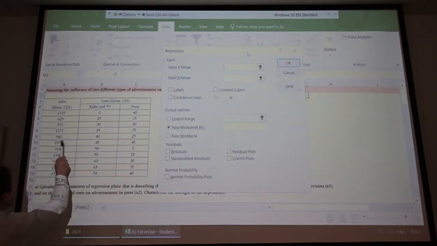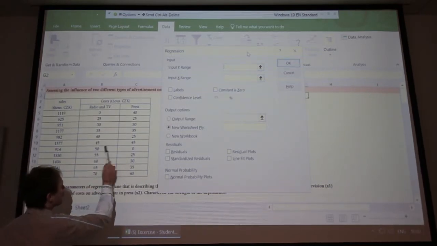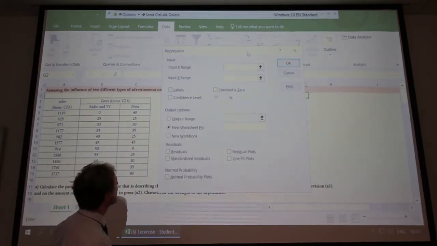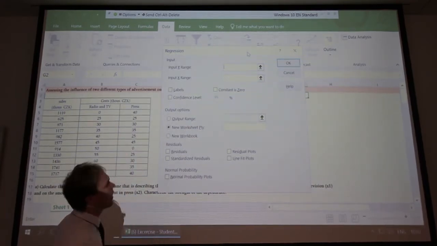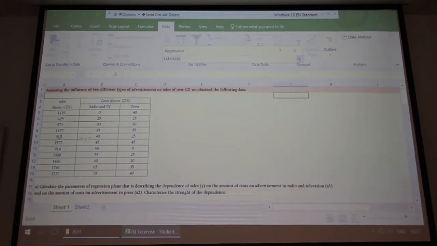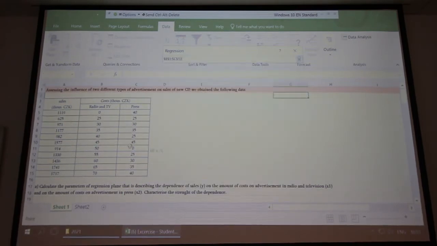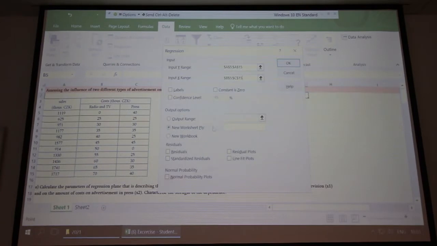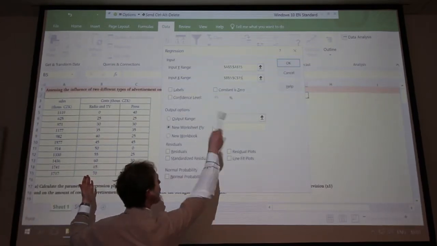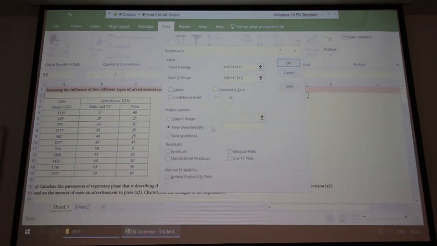So this one column will be input y range. These two columns will be input X range. Okay, so I will do this. Input Y range, sales, and input X range, costs. Okay, and that's all. You can click on OK, and on new worksheet we will see the results.